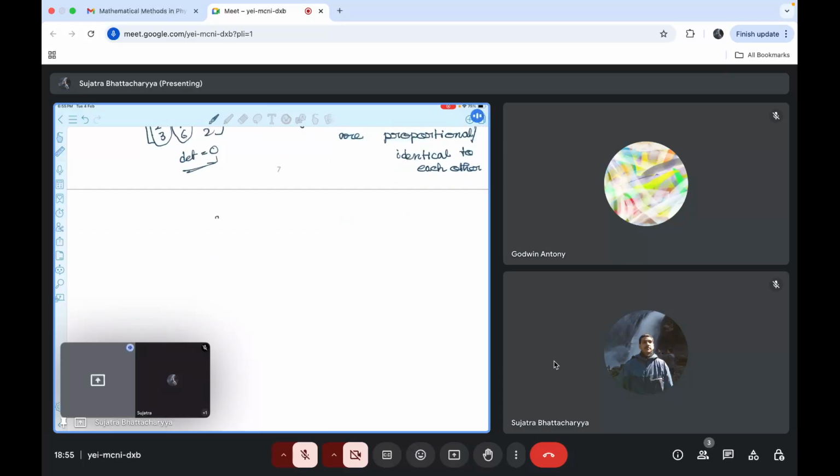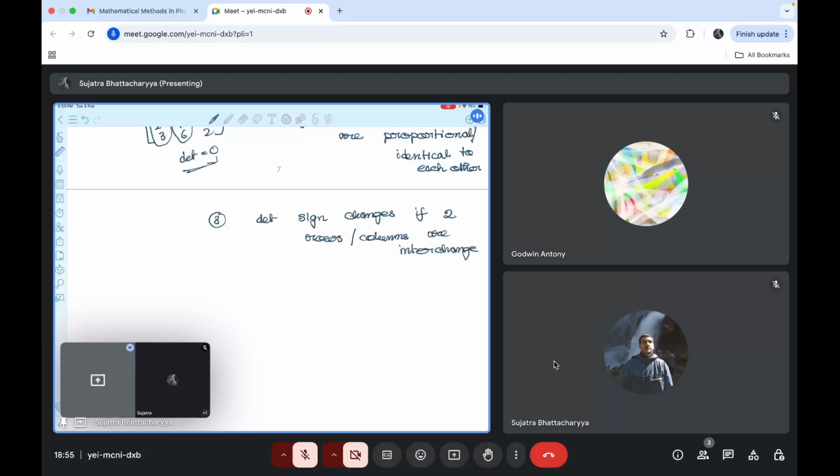The third point is that the determinant sign changes when two rows or columns are interchanged. If you change the rows or columns twice, it will be -1 into -1, which is positive.